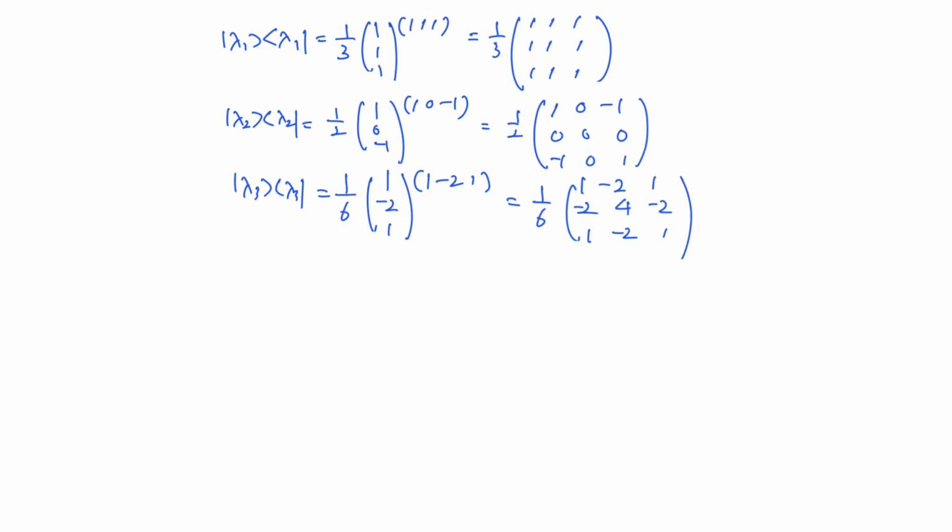Let's check the completeness property first. One common multiplier is 6, right?